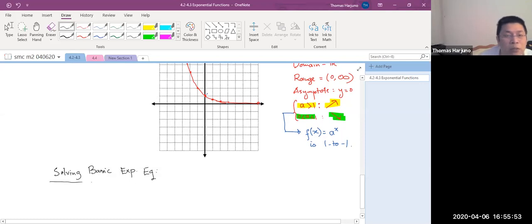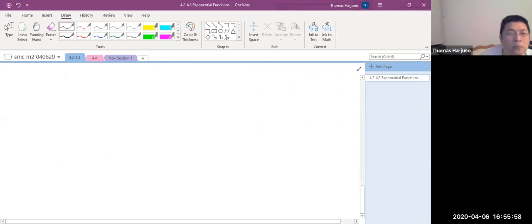I think that's the easiest one I can get for you. Number 2, we have 6 to the 7 minus x equals 6 to the 2x plus 1. Now, notice that on the left-hand side, that's exponential function base 6. On the right-hand side, that's also exponential function base 6. Because they have the same base, then we can say 7 minus x equals 2x plus 1.